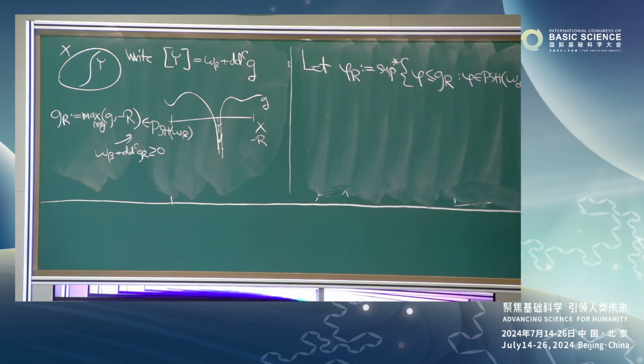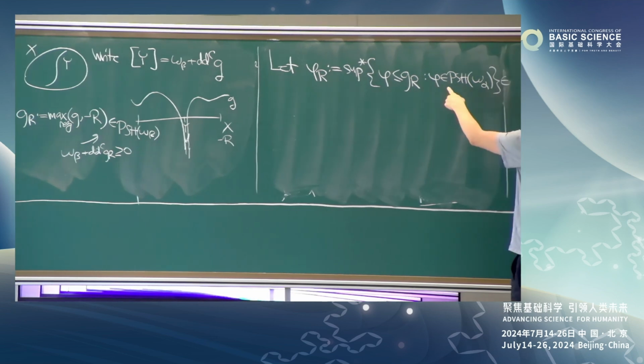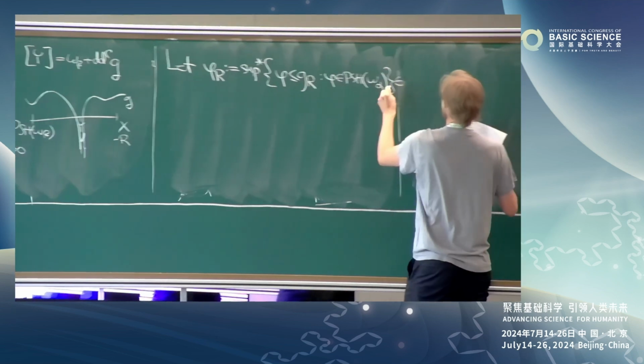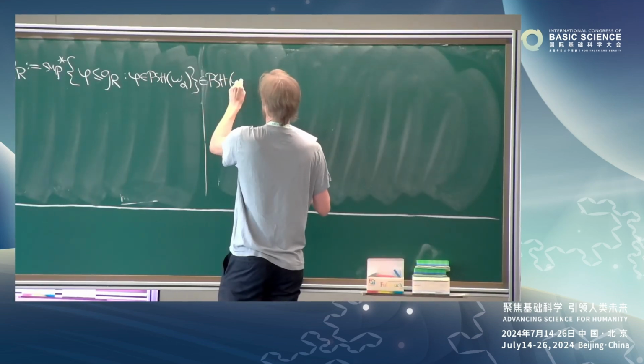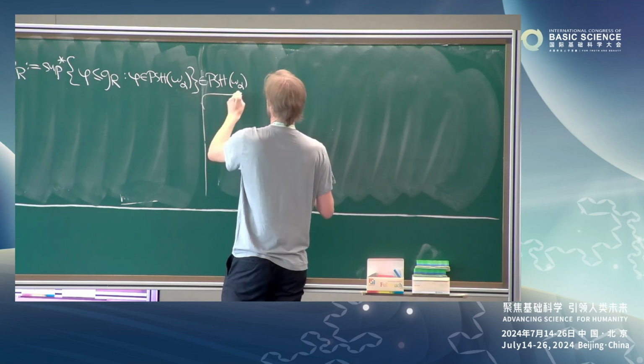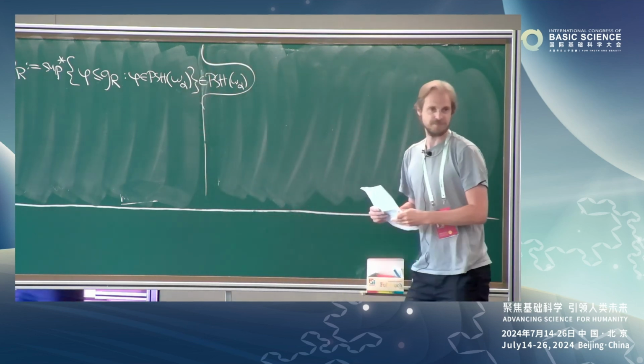So this is an envelope construction, which is very classical in pluripotential theory. A key thing with these envelopes is that they are themselves plurisubharmonic with respect to this reference.